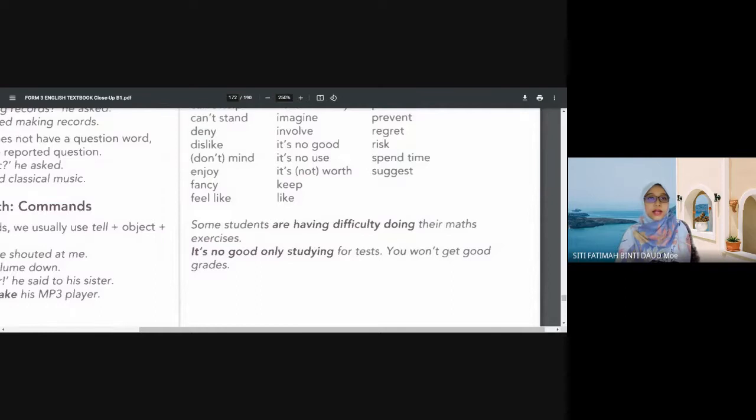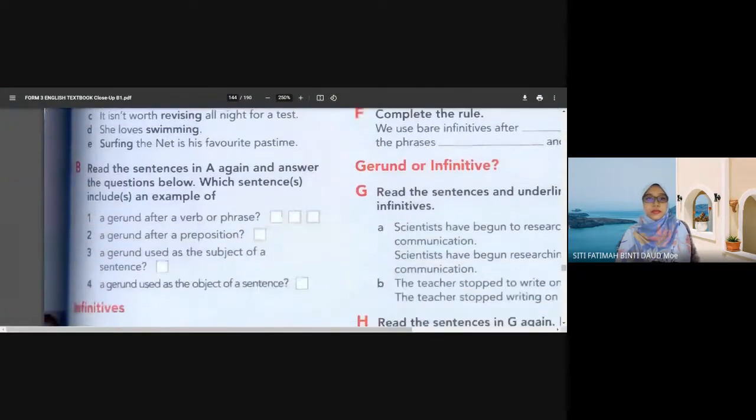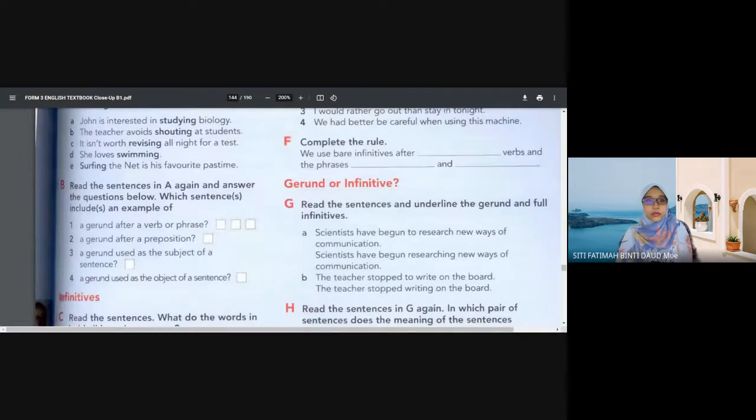All right, go back to page 143. Now you read the sentences in A again and answer the questions below. Which sentences include an example of a gerund after a verb? Verb is kata kerja, or phrase.